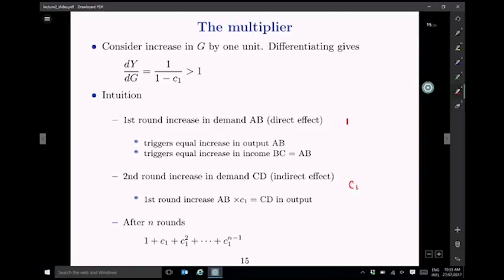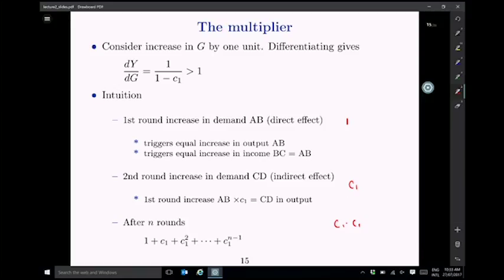Second round is this, the extra increase in output gives you C1 extra consumption. And then the extra consumption C1 means extra output C1. And then that again gives you the extra consumption C1 times C1. That would be the third round, right? And this will continue for many, many rounds.